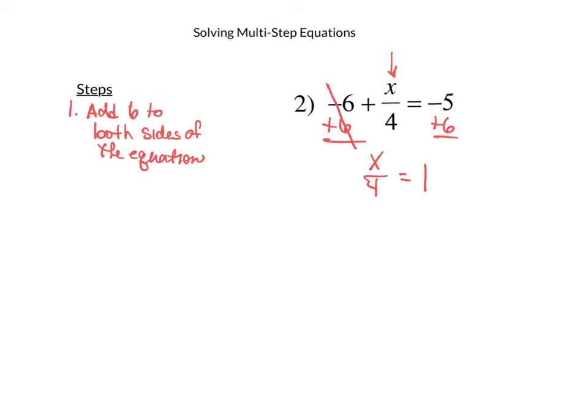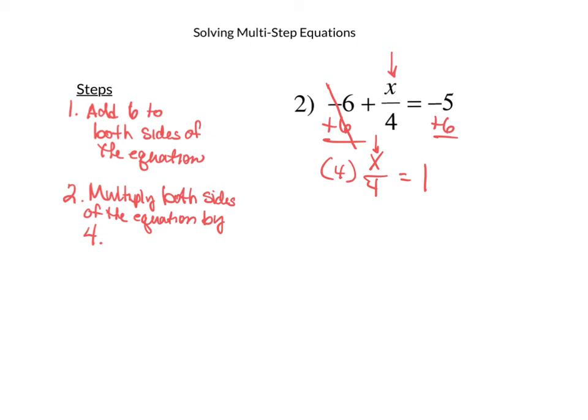Our variable still isn't by itself, and fractions are division, so to get rid of the fraction, we need to multiply both sides of the equation by the denominator, which is what? 4. So we're going to multiply by 4 and multiply by 4. This one cancels out, and x equals 4.